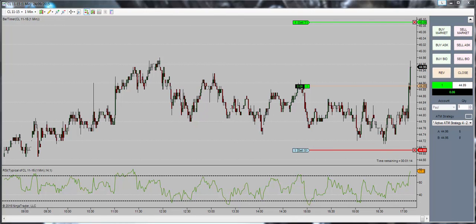While we're waiting for the trade to play out, I just thought I'd talk to those of you who are quite unfamiliar with the futures market and oil in particular. When I talk about a tick, 20 ticks in this instance is a target and a stop. Each of those ticks generally equates to $10 per contract traded.